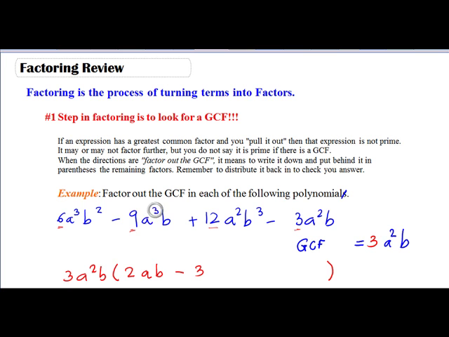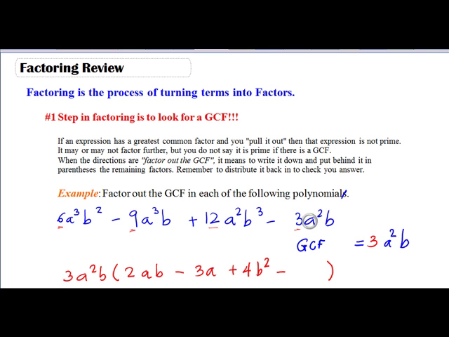You have A cubed here, and you pull out A squared, you have 1A left. And you have 1B here, but you pull out 1B, so therefore you have no B here. Plus, for the 12, you pull out a 3, you have 4 left. You have A squared here, and you pull out A squared, so therefore you have no A here. For the B, you have B cubed here, but you pull out 1B, so you must have B squared left inside. Minus.